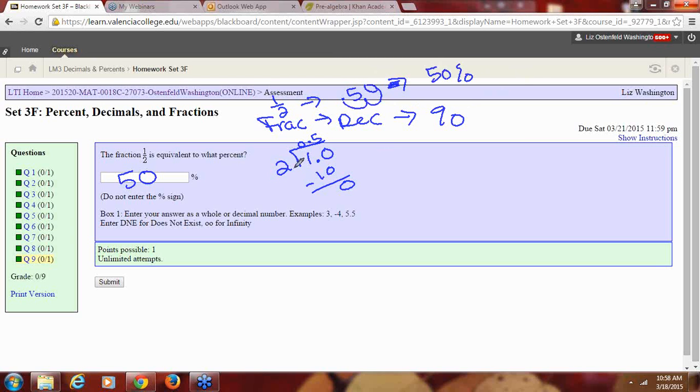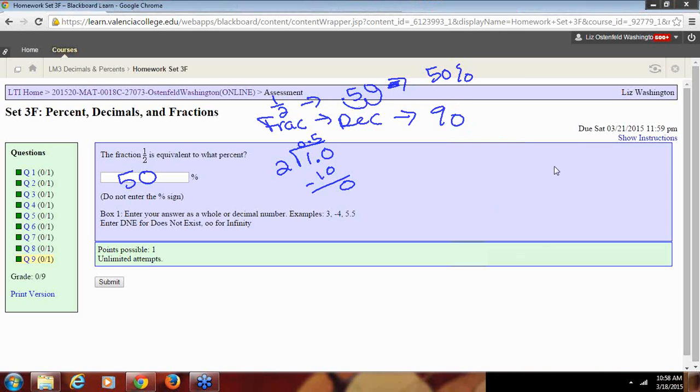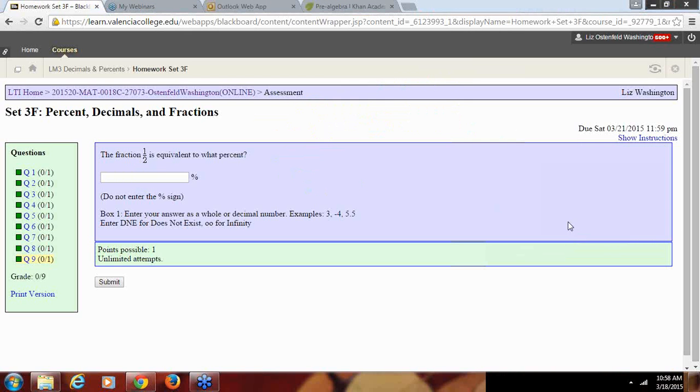Okay? So whenever it's fraction to percent, I go fraction to decimal and then decimal to percent. I find that to be a lot easier. Okay? Any questions about that one? Okay.